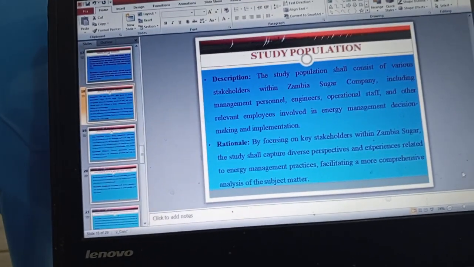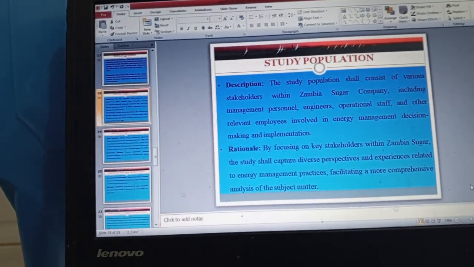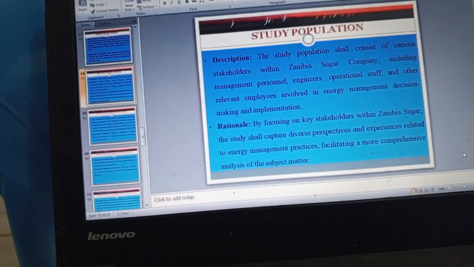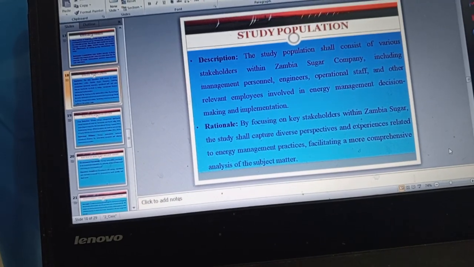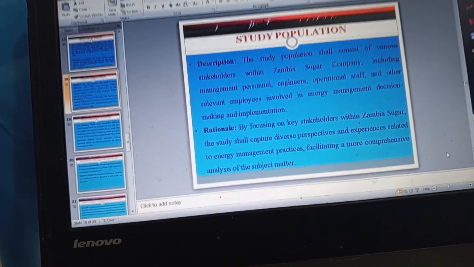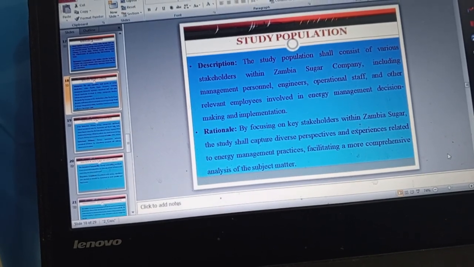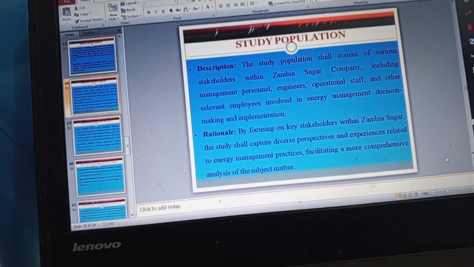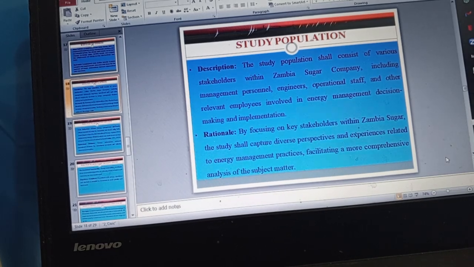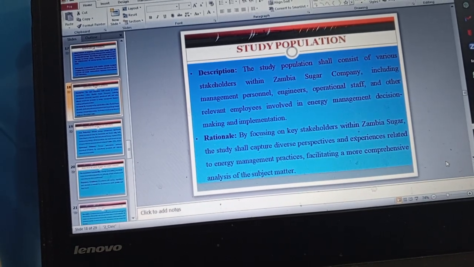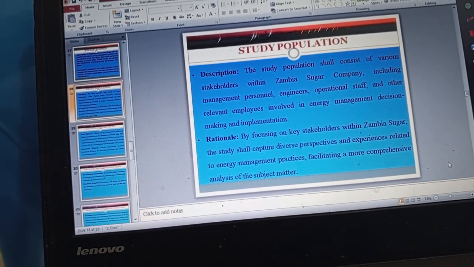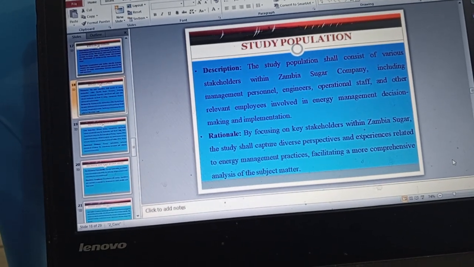Then for the study population, the study population shall consist of various stakeholders within Zambia Sugar Company, including management personnel, engineers, operational staff, and other relevant employees involved in the energy management system and its implementation.